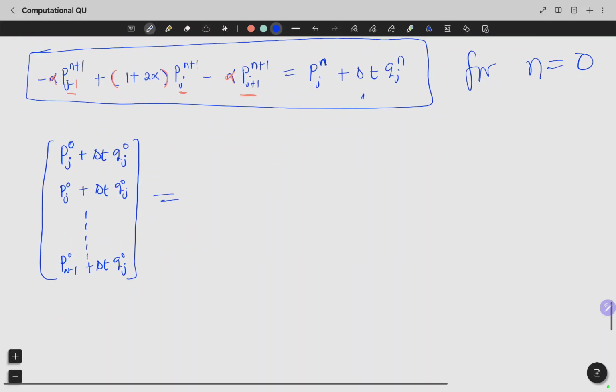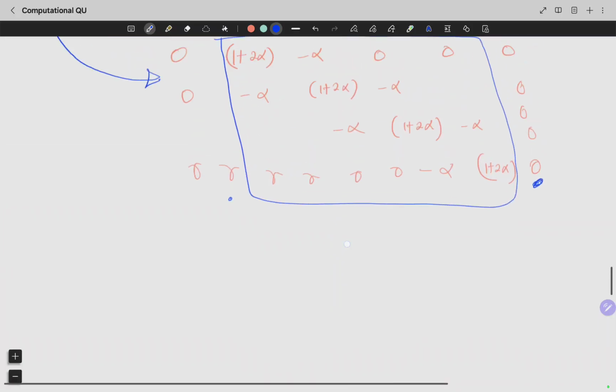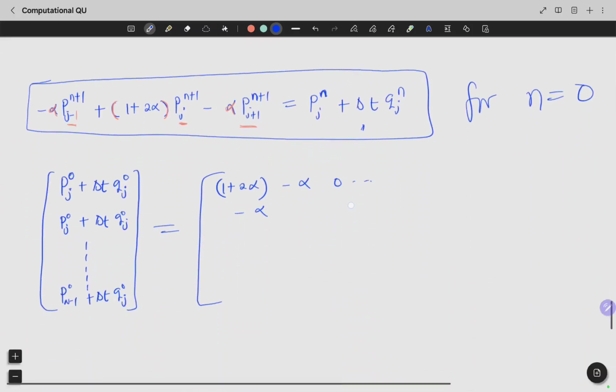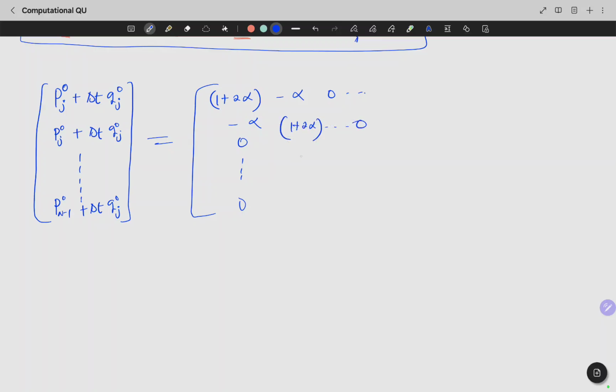Equals, now here you're going to have those matrices: 1 plus 2 alpha, minus alpha, 0, dot dot dot, minus alpha, 0, dot dot dot 0, and then 1 plus 2 alpha, dot dot dot 0. Then you reach the end, then you have minus alpha, 1 plus 2 alpha.